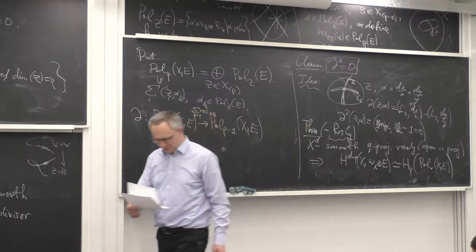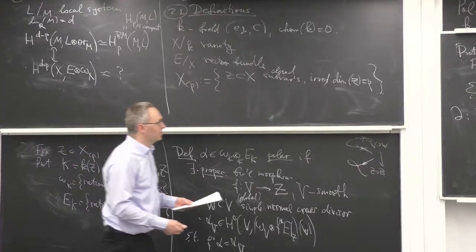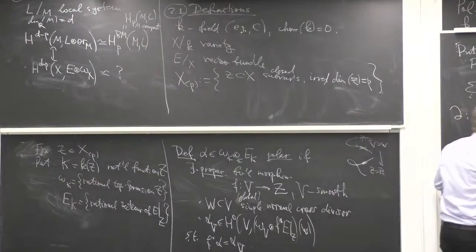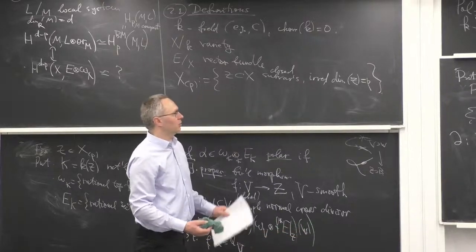So for the rest, maybe I will comment a bit about some ways. So we have 15 minutes, yes. So I will first maybe comment a little bit about the proof, and then if time remains, say something about applications. So the idea of the proof is the following. How do you prove it in topology?